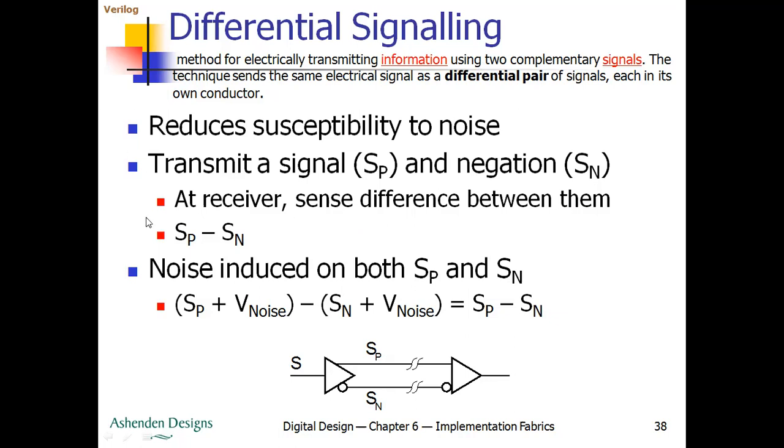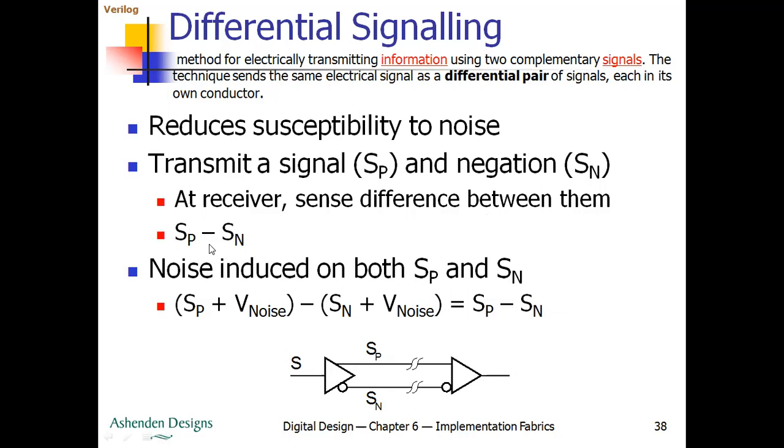Suppose Sp minus Sn, the positive signal minus the negative signal, is a positive voltage. Then this S is transmitted as a value 1.